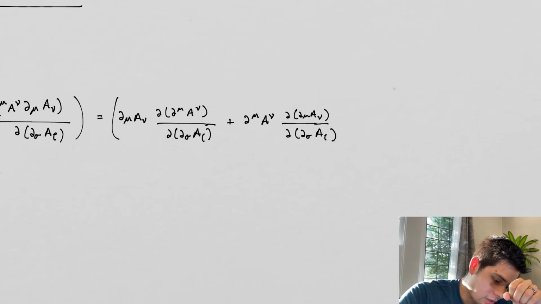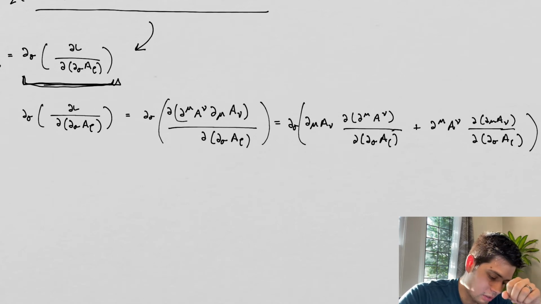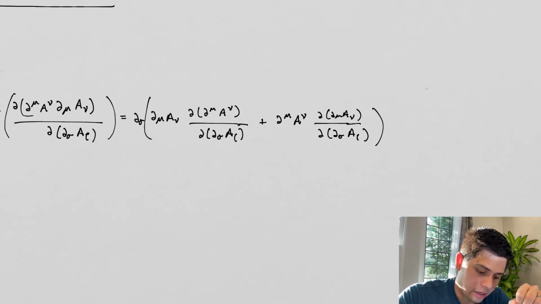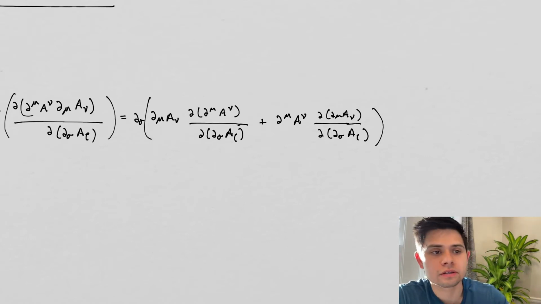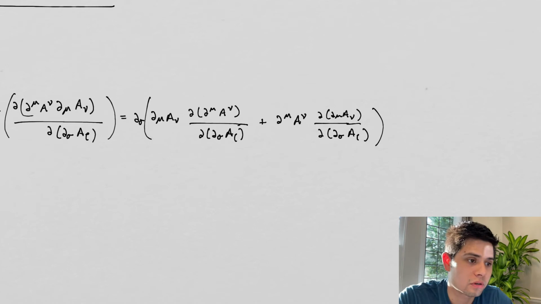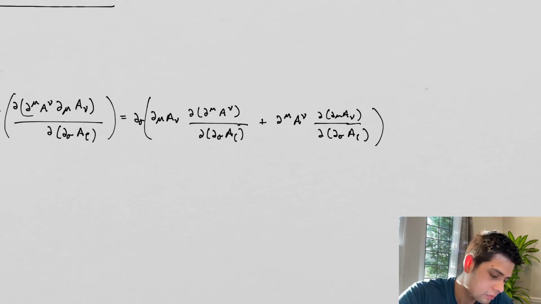And then all of this times d sigma, because again, we had that d sigma out here, right here. Okay, there's a lot to this, but I promise once we finish this part, then it's a breeze. Or not a breeze, but it's a lot easier.